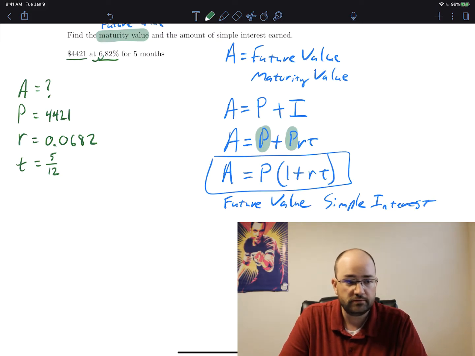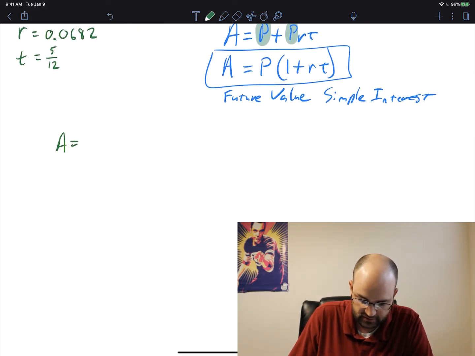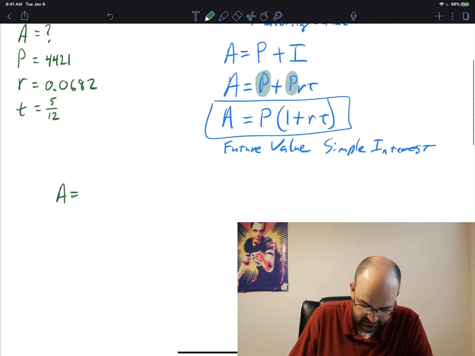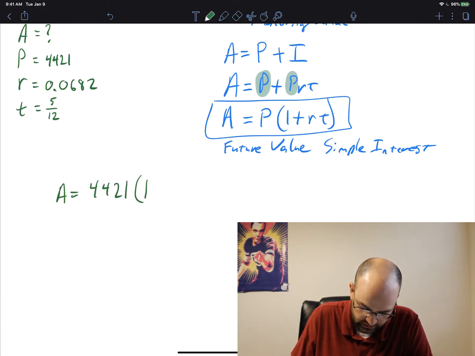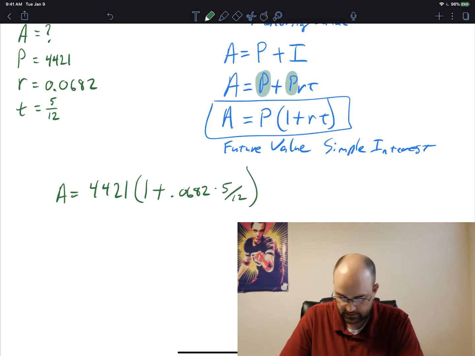Good. So now let's just plug it into the formula. That means the future value, or the maturity value, will be P, which is 4421, times parentheses 1 plus the R of 0.0682 times the T, which is 5 over 12.